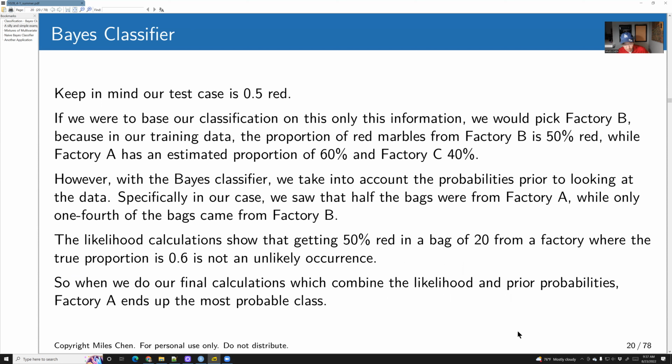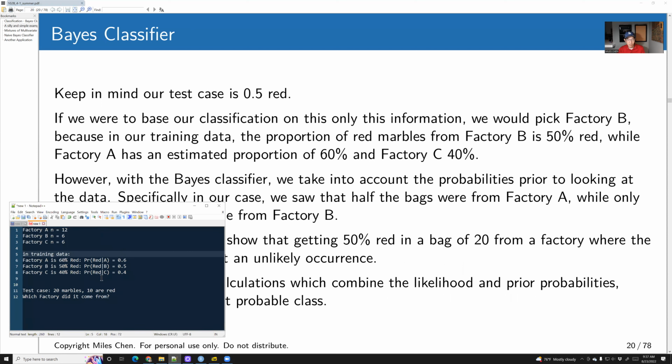Now here's a couple things to point out. Our test case was 50% red. If we based our classification on that only, we would probably have guessed class B, because class B is 50% red and our data resembles class B the most. But the Bayes classifier also takes into account the prior probabilities.